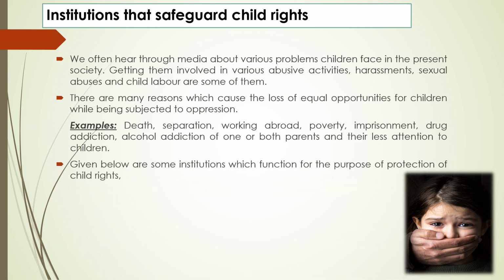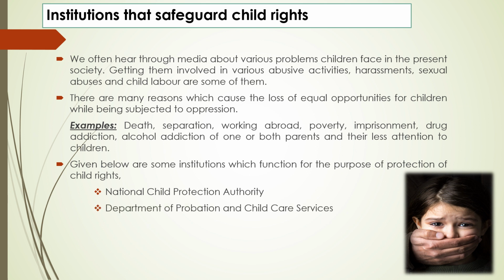Given below are some institutions which function for the purpose of protection of child rights. The first one, National Child Protection Authority. The second one, Department of Probation and Child Care Services. The third one, Children and Women Bureau of Sri Lanka Police. Here some logos of these institutions are displayed.